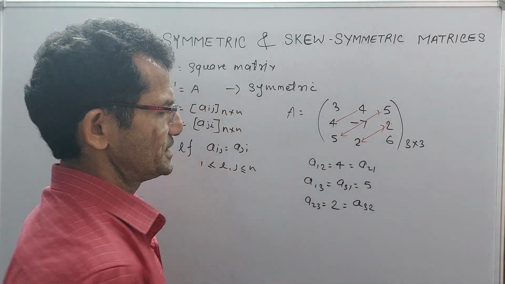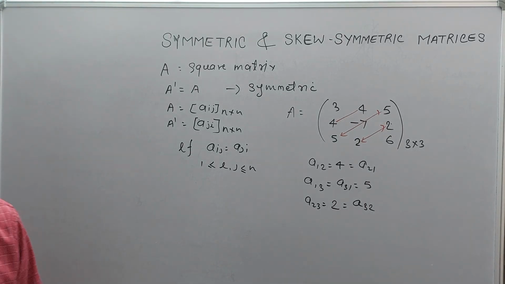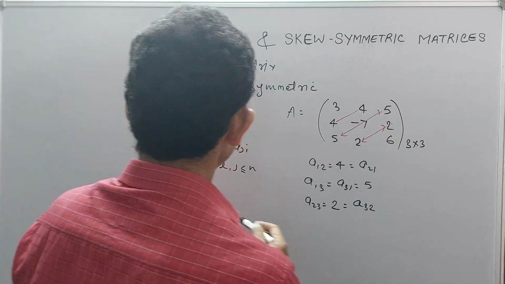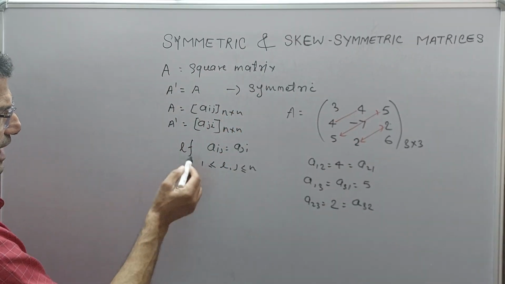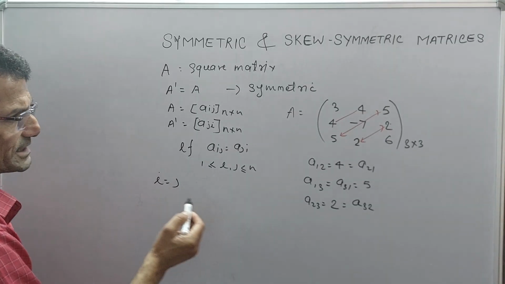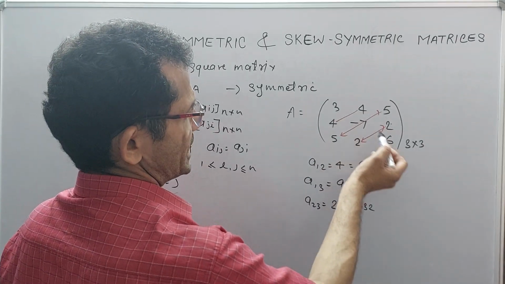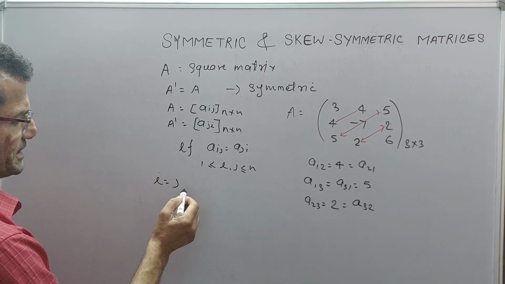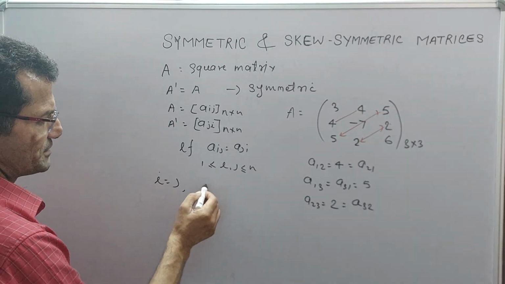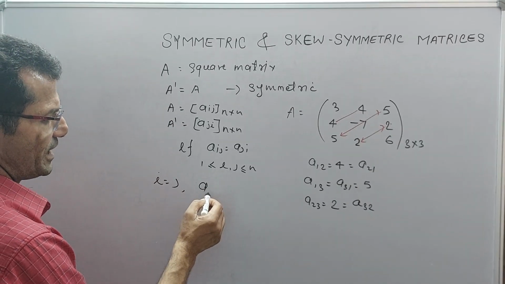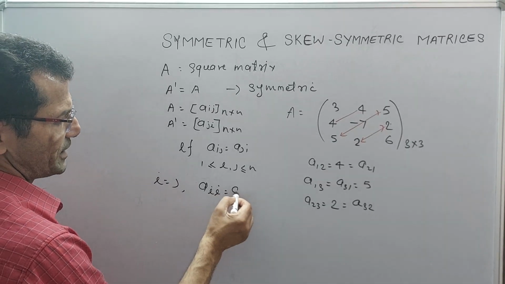And diagonals, no change in diagonals. So here in transpose, the diagonal elements should be the same, because if I write i equal to j, for the diagonals it is 1 1, 2 2 and 3 3. I equal to j, it means that there is no change of these ones.